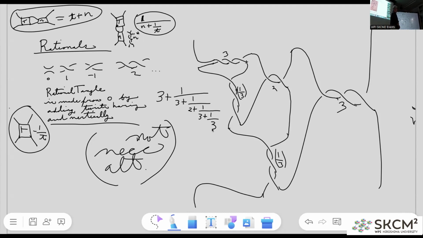So we can actually read out what the fraction of a rational tangle is as a continued fraction. And that's what we were doing last time. I did simpler examples. This is a slightly complicated example, but it's okay.